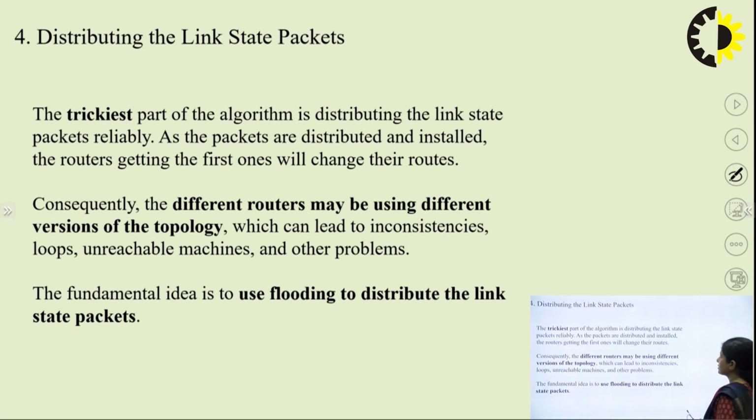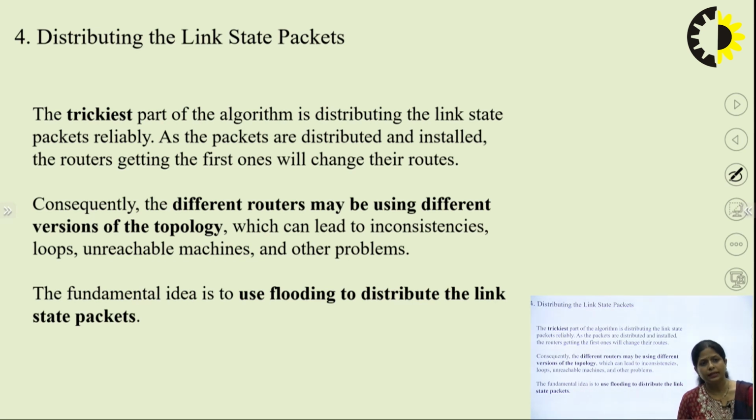As the packets are distributed and installed, the routers getting the first ones will change their routes. Consequently, different routers may be using different versions of the topology, which can lead to inconsistencies, loops, unreachable machines, or other kinds of problems. So, what is the solution, and how to handle this?